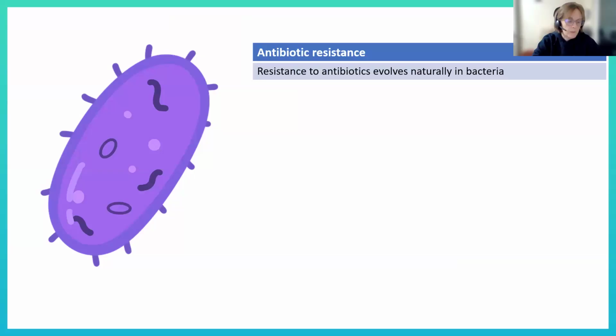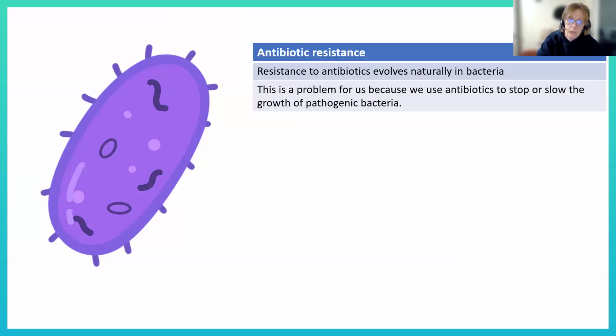Now, one thing that gets in the news a lot is antibiotic resistance, because as we saw, sometimes those antibiotics aren't effective in preventing bacterial growth. And that's because antibiotic resistance evolves in bacteria. It evolves naturally because bacteria have tiny little rings of DNA called plasmids, and they can share them between each other.